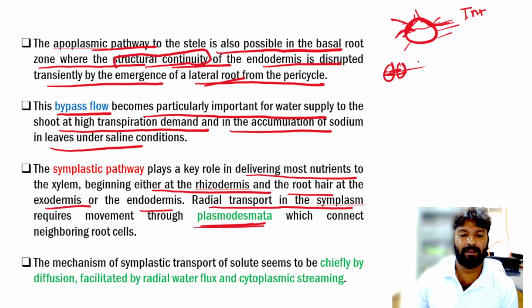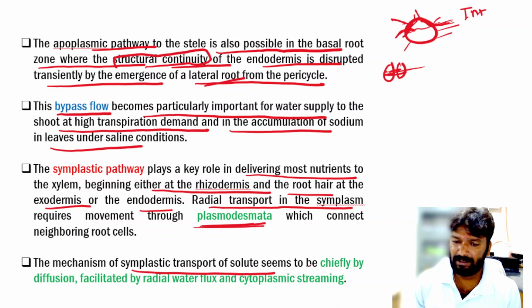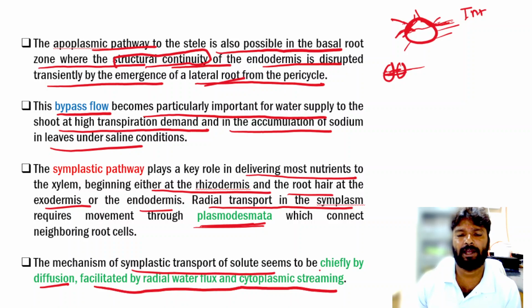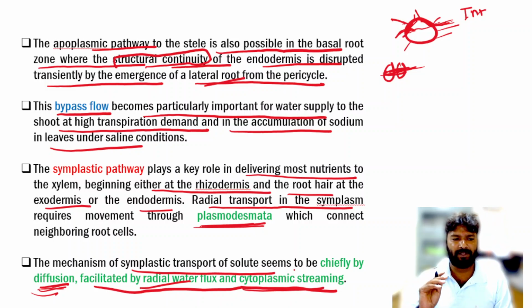The mechanism of symplastic transport of solutes seems to be chiefly by diffusion, or facilitated by the radial water flux or the cytoplasmic streaming. So the movement of solutes in the symplast pathway occurs by diffusion, with the water flux, or by cytoplasmic streaming.